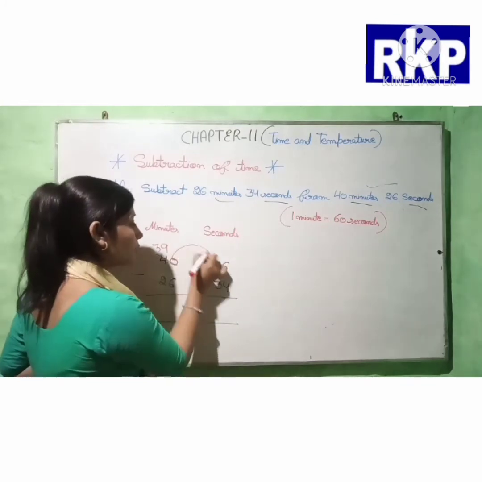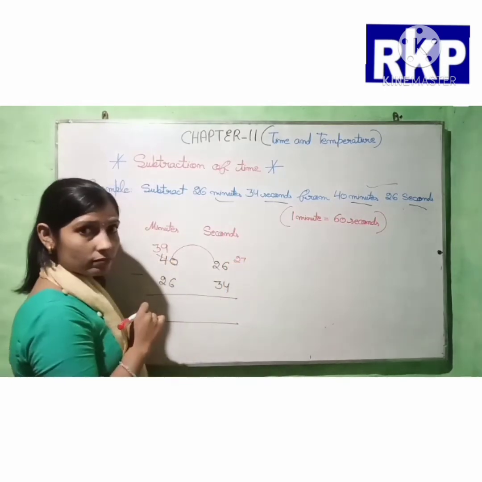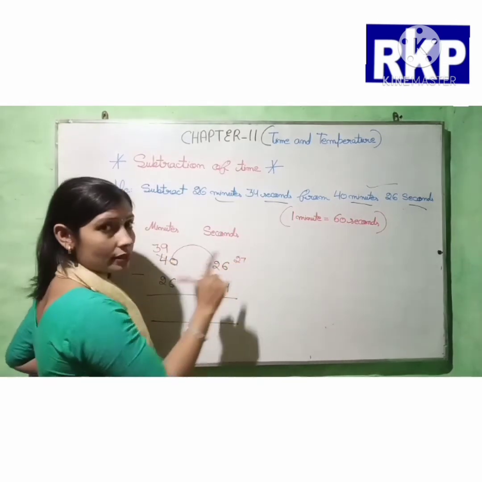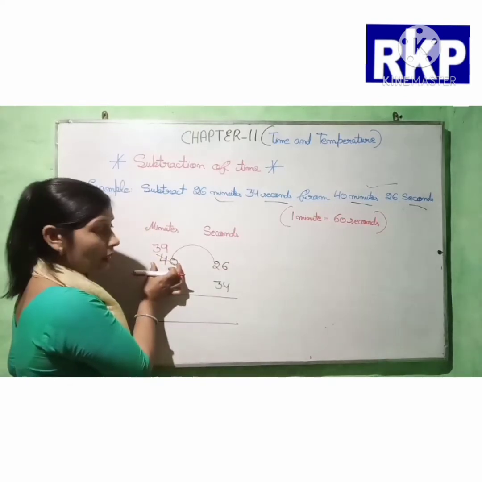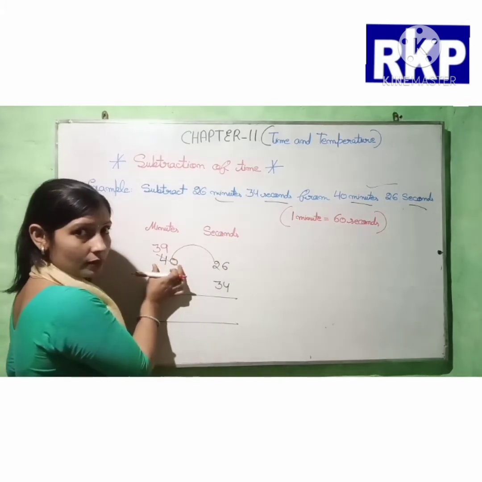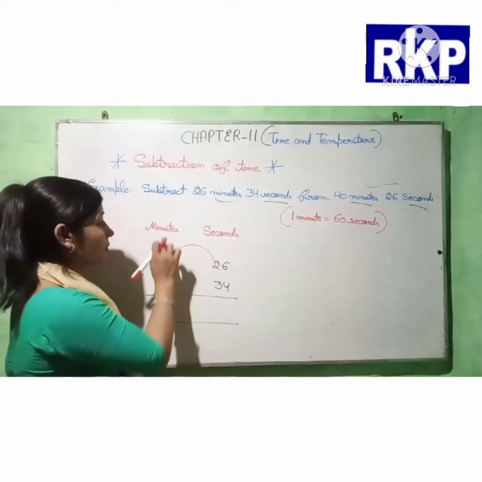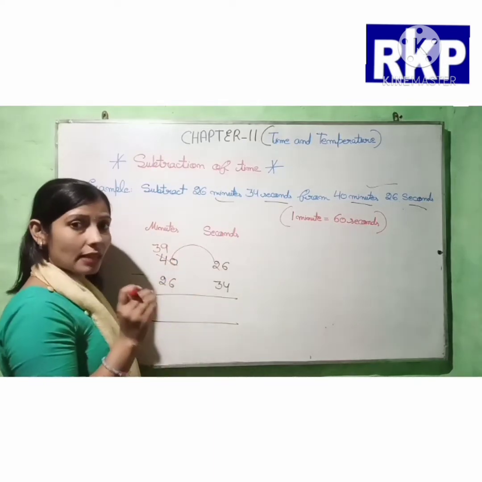So here it becomes 27. No, it's wrong, because here we have 40 minutes and here 26 seconds, and 40 minutes will give 1 minute. Okay, it will give 1 minute to 26 seconds.